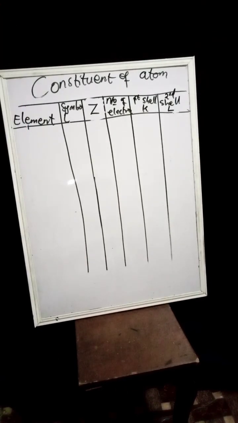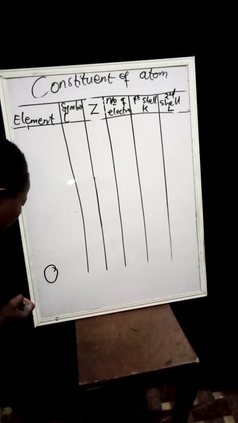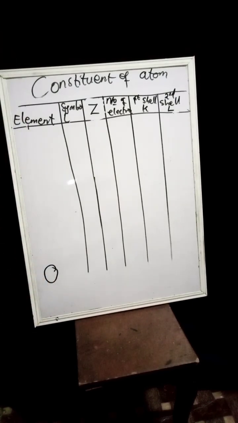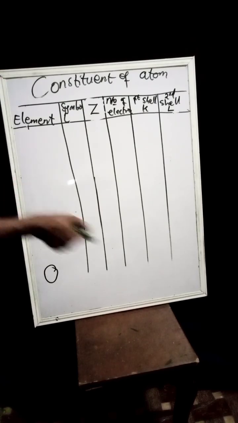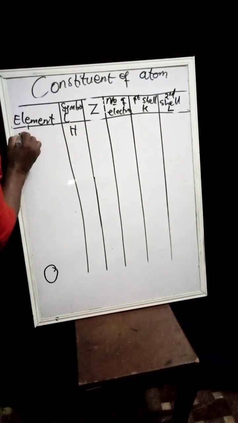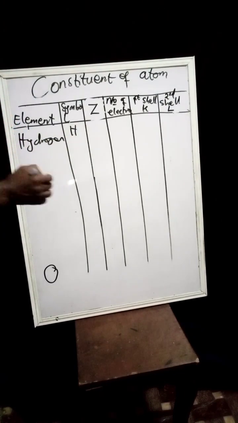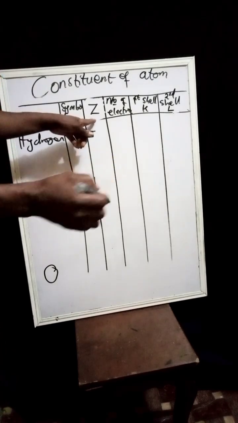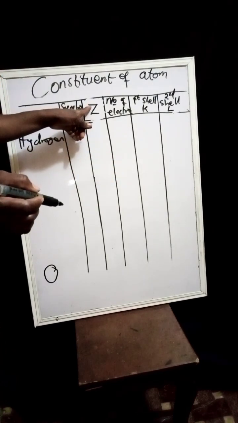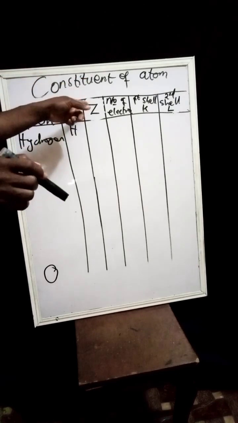Now let's pick hydrogen. Hydrogen is the first element. We have hydrogen. Because that is the first element, its atomic number is 1. And the symbol of hydrogen is what? H. Then the atomic number tells you the number of protons present.